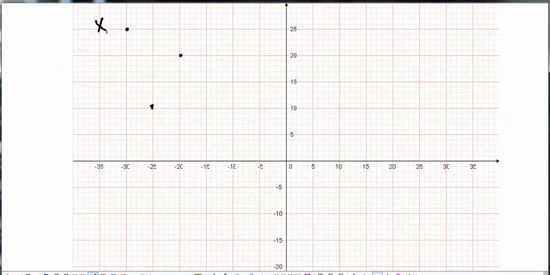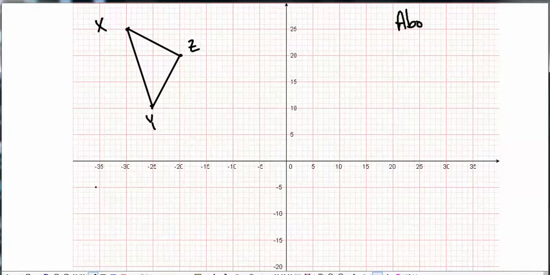Let's say you've got X, Y, Z. And you get asked to reflect it about, let's go about x equals -10. Reflect it about x equals -10.